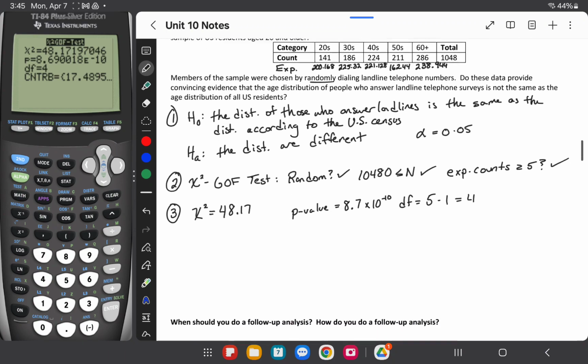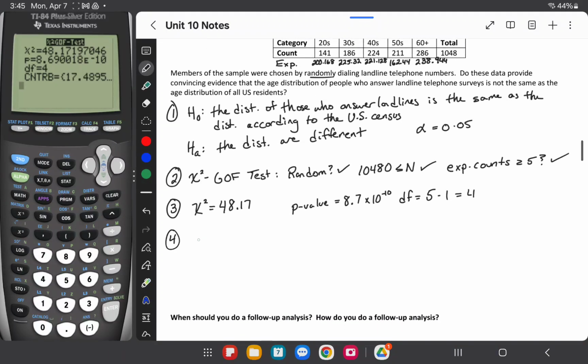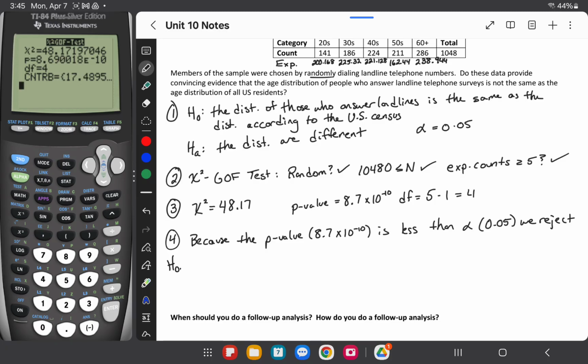Okay. So let's now write our conclusion based on that. So we're going to say because the p-value of 8.7 times 10 to the negative 10th is less than our significance level of 0.05, we are going to reject our null hypothesis.